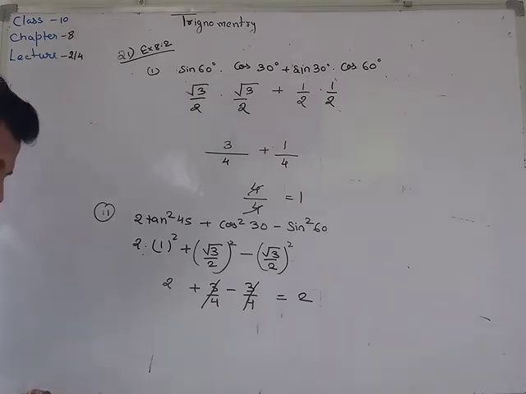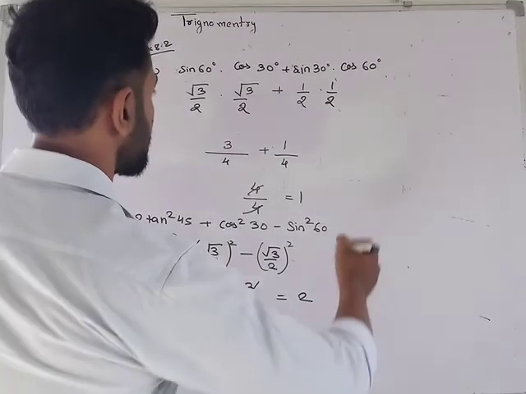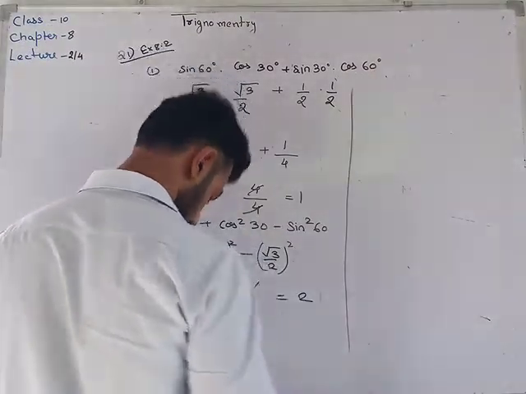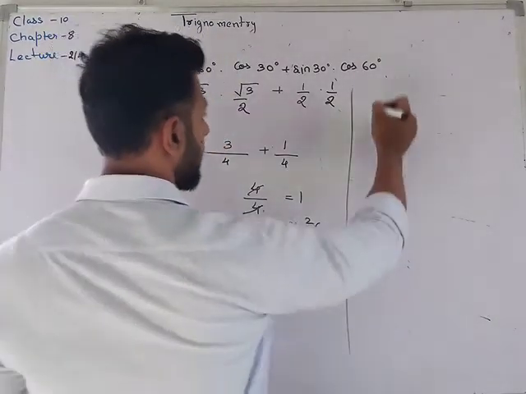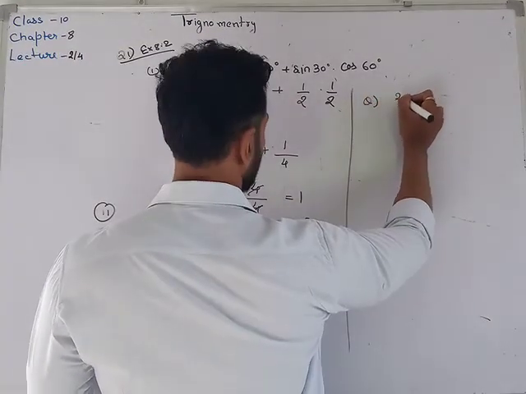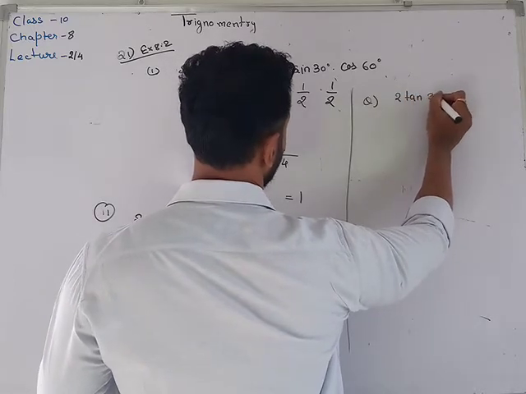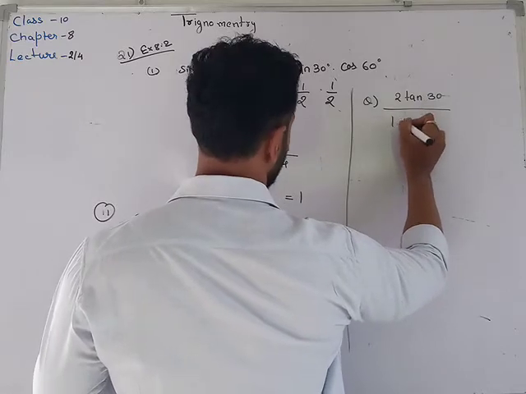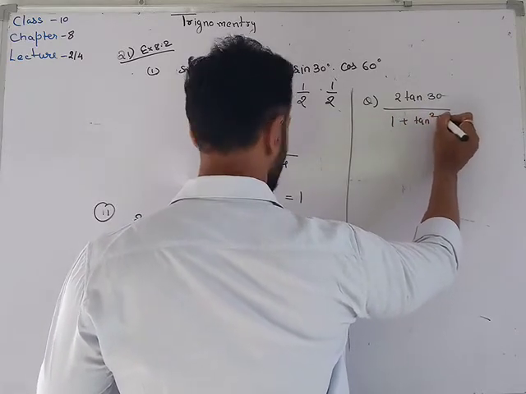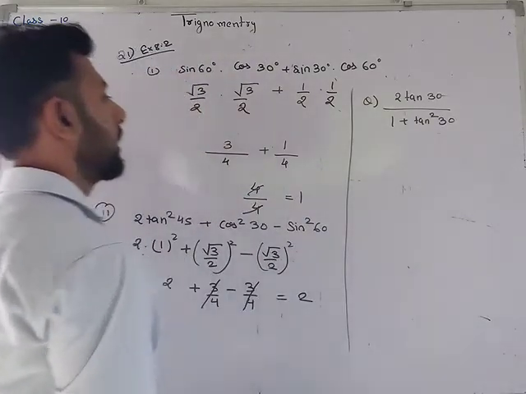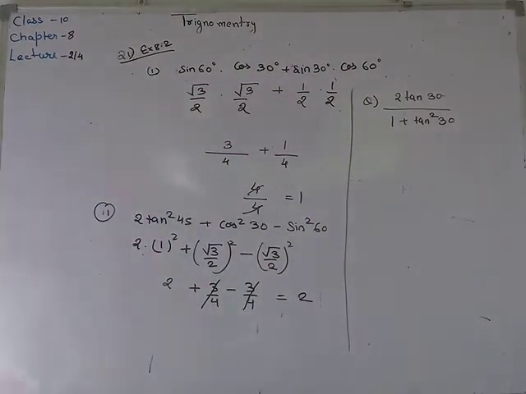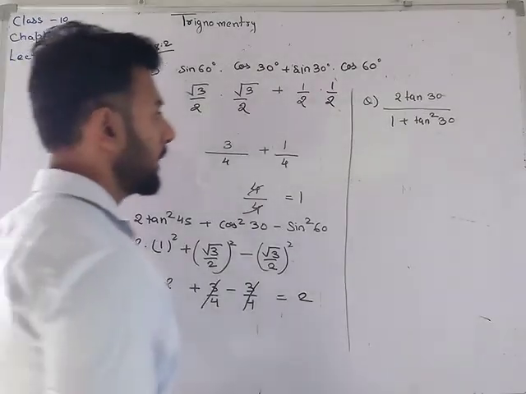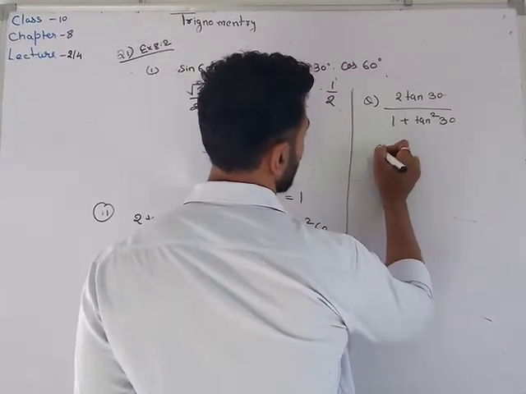Choose the correct option and justify your choices. We are given 2 tan 30 upon 1 plus tan square 30. Tan 30 degree is 1 by root 3. 2 will remain as it is.